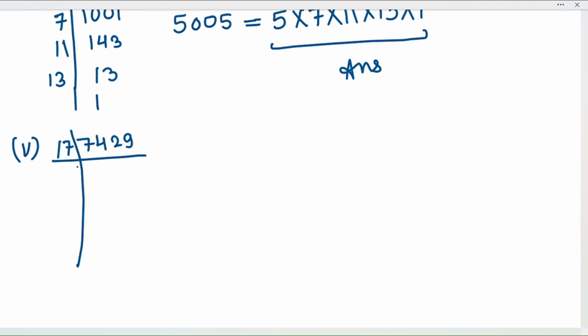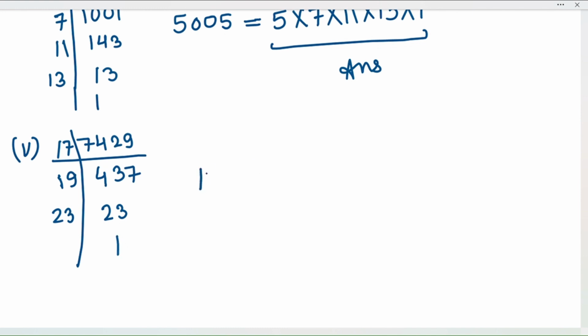How many times is this divisible by 17? It is divisible by 17 437 times. And of course, we have already checked till 17 its divisibility. So it's easier to see that it is divisible by 19. Then 19, it is 23 times 19. And 23 being itself a prime number, we can directly divide it with 23.